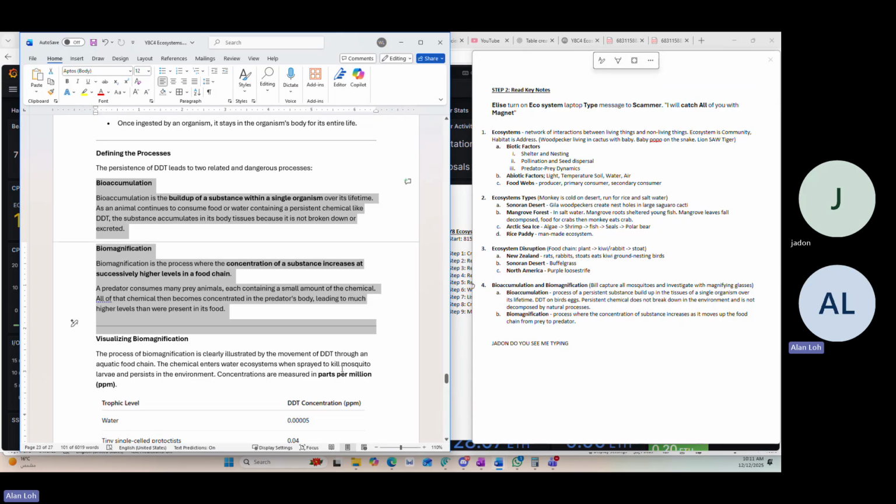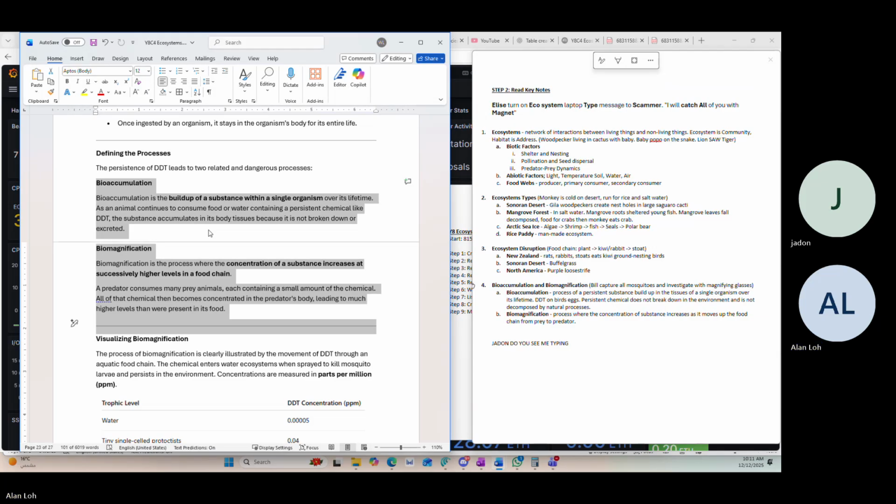Let me break it down into an easier way to understand. Bioaccumulation is when a substance is built up inside the body of a living organism over time.